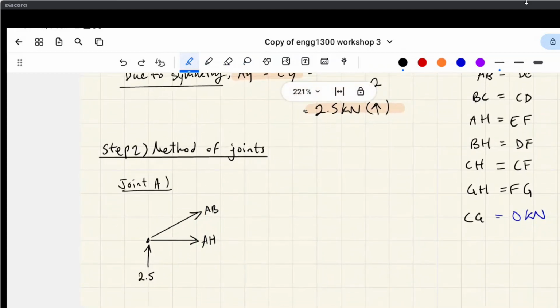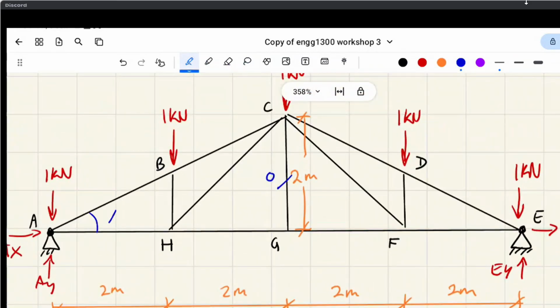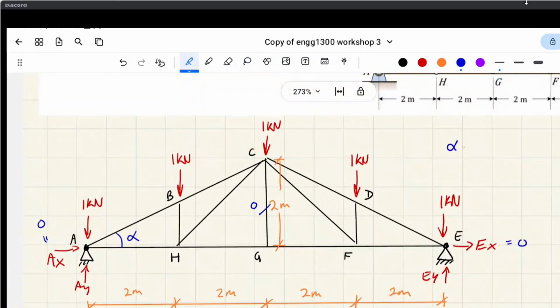Okay, so here's how it works. One more thing: we need this angle. I'm just going to solve the angle using rise over run. So here we take 2 meters, 4 meters, rises to 4.